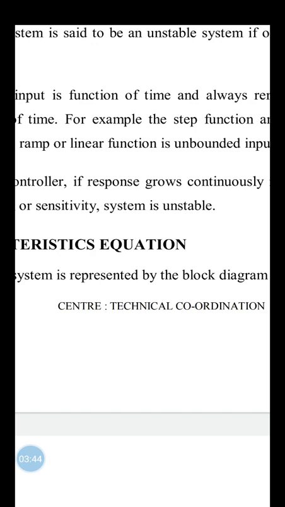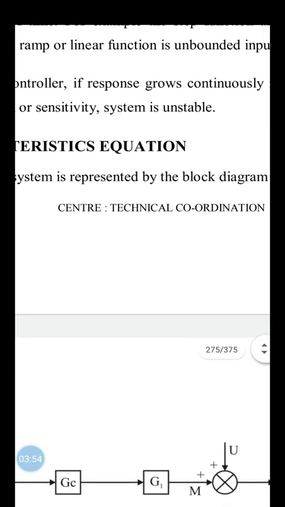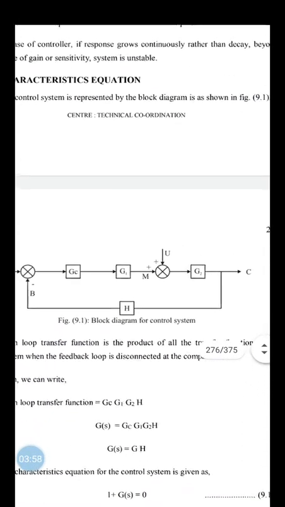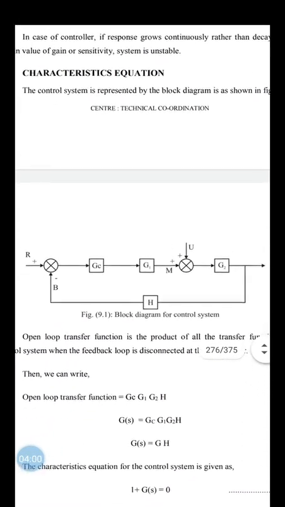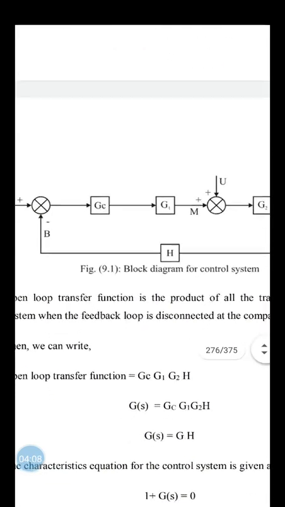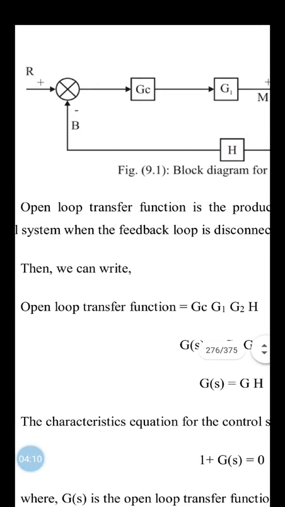About the characteristic equation, we will first discuss the block diagram. This is the block diagram that we studied earlier, with C, U, R, B, and the transfer functions Gc, G1, G2 and H. What will be its open loop transfer function?